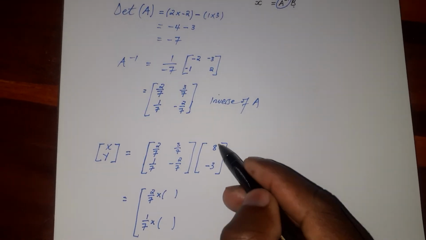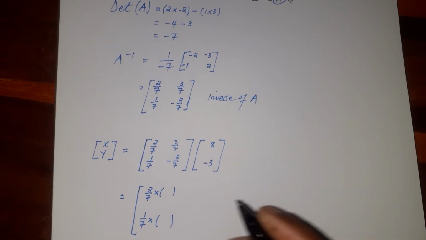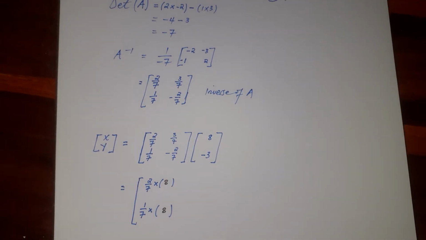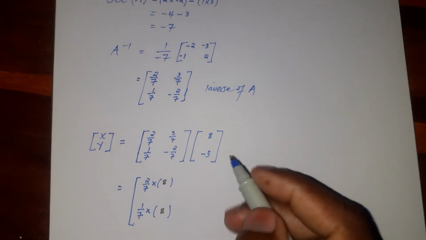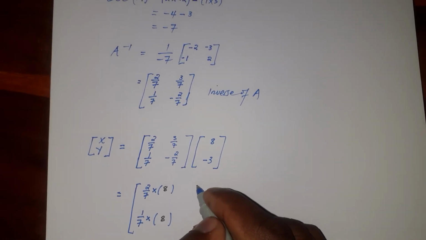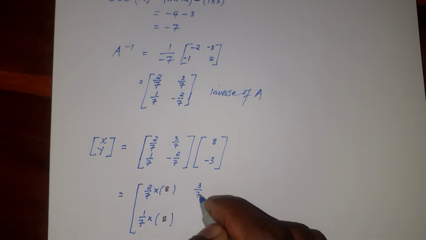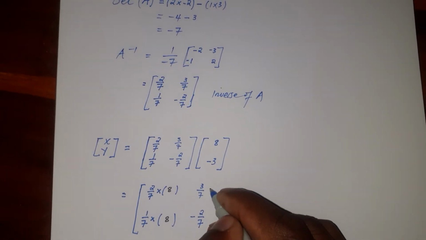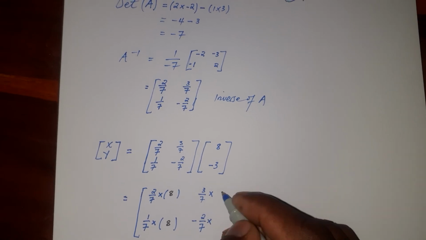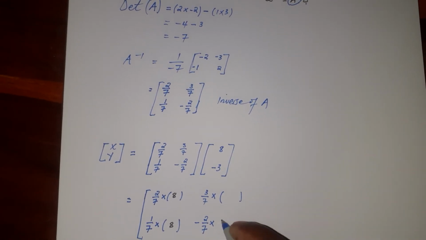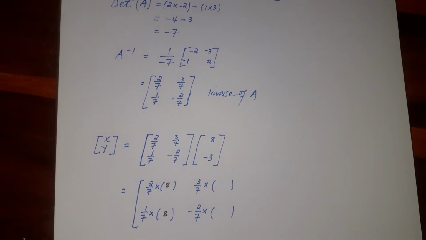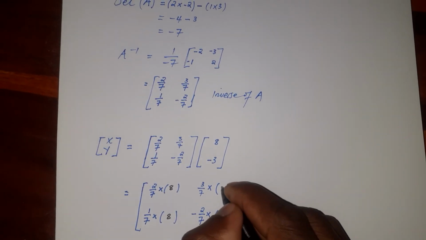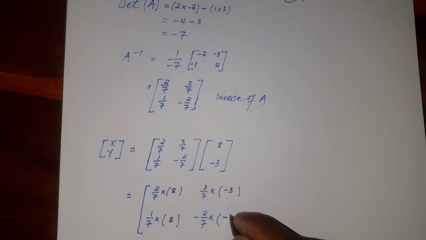We multiply by the first number there, which is 8. So we write 8 here and also 8 there. And then we move on to the second column, 3 over 7 and then negative 2 over 7. We multiply this by the second number, which is negative 3.